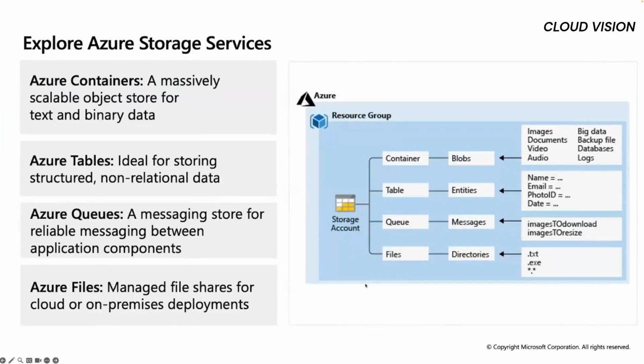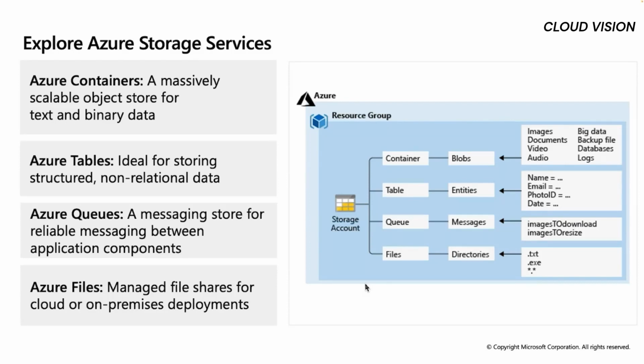These are some of the types of Azure storage services: containers, tables, queues, and files, and they have different purposes. A container is a massively scalable object store for text and binary data.